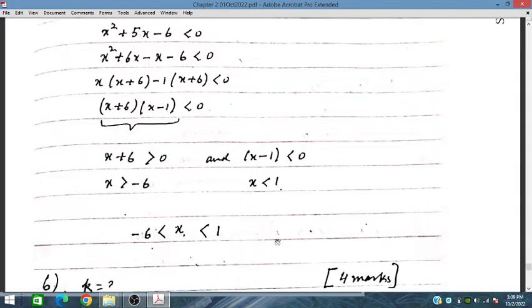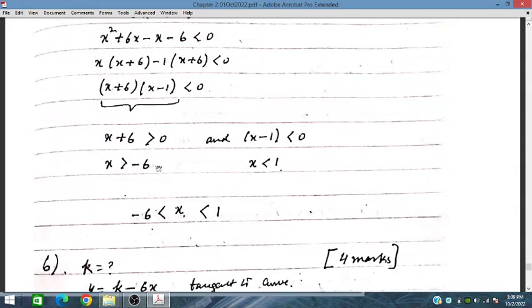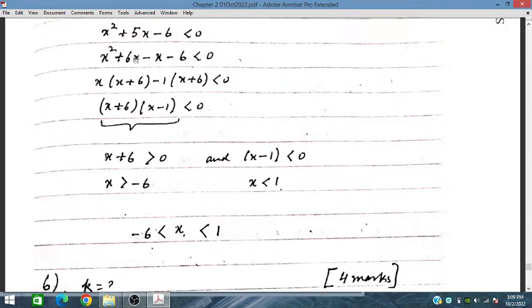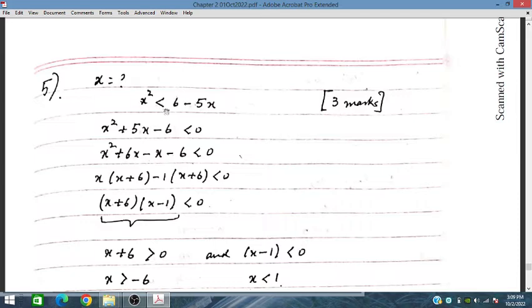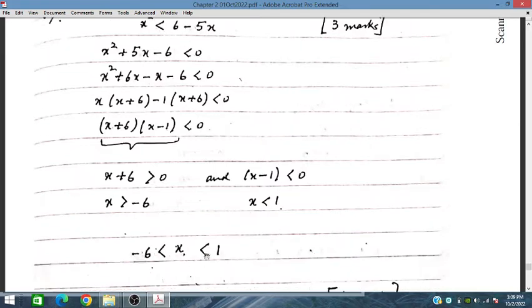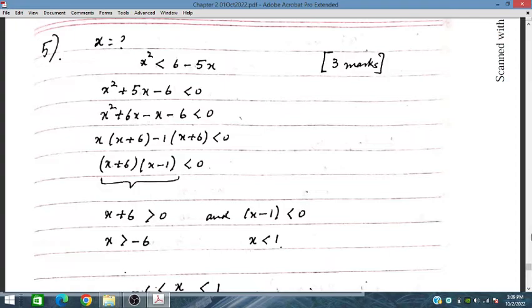This is for 6 minus 6, and this is the condition. This shape is a parabola. This is positive, meaning a minimum value, where we have minus 6 to plus 3. This is the condition, so this is less than. This is simple. Question number 5.